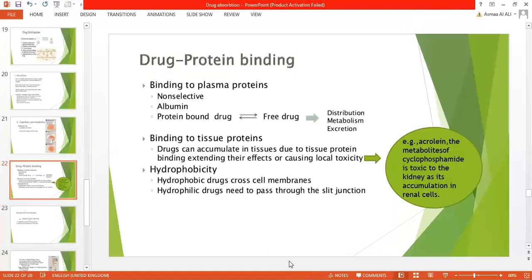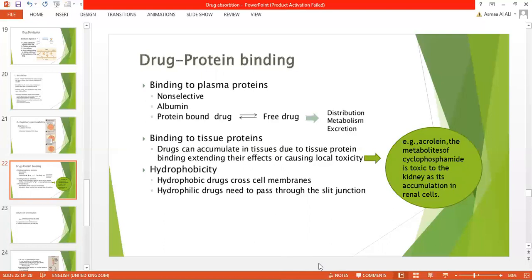For drug protein binding: reversible binding to plasma protein keeps a drug in a non-diffusible form and slows its transfer out of the vascular compartment.